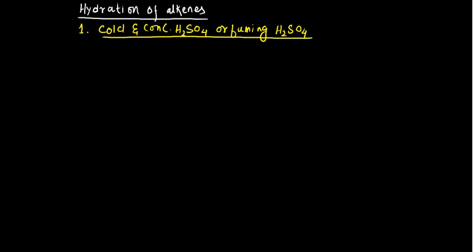So let us take a simple alkene, propylene, CH3, CH, double bond, CH2. When I am talking about H2SO4, it means H plus, HSO4 minus. As per Markovnikov's rule, HSO4 minus will go into the middle carbon.